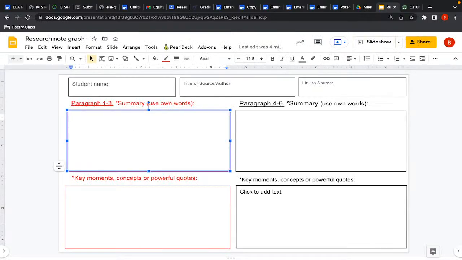I'm going to write that. Women could find rare employment roles in teaching as early as the 1800s.